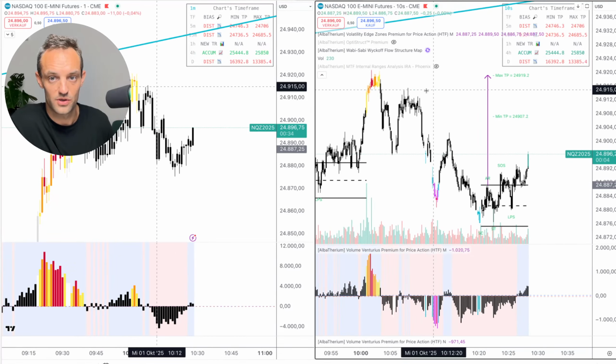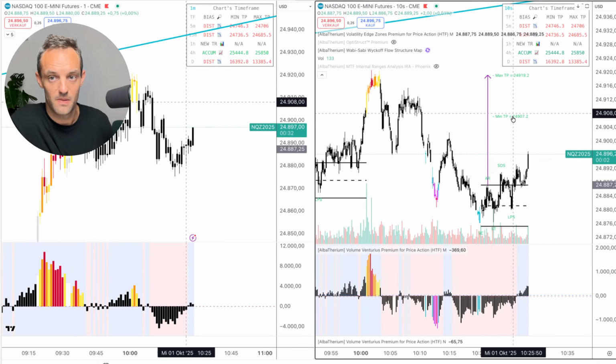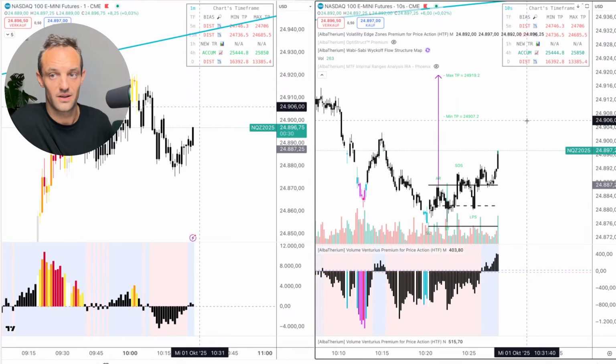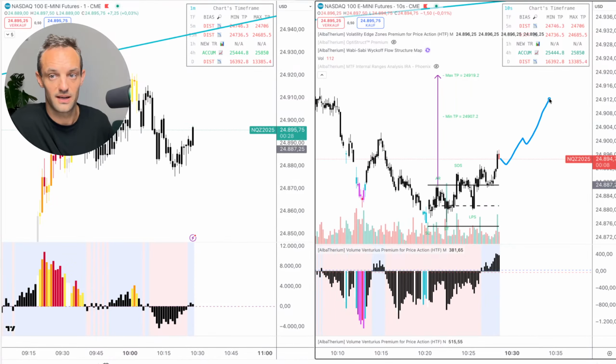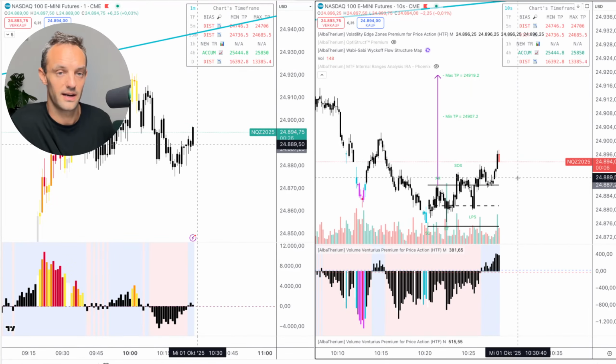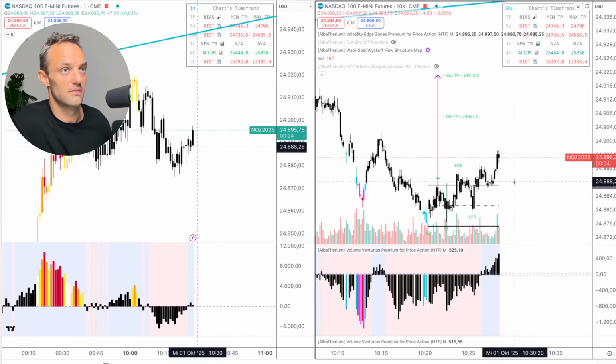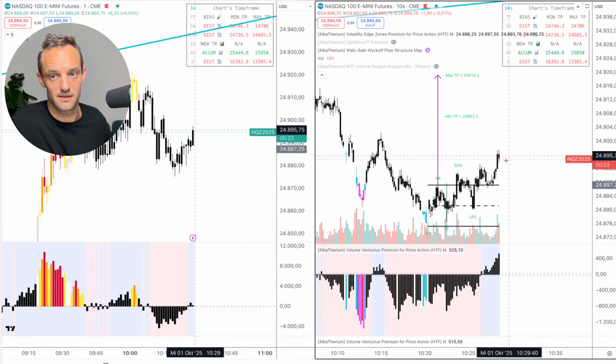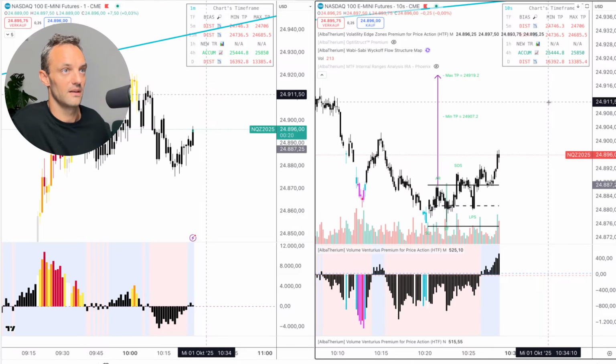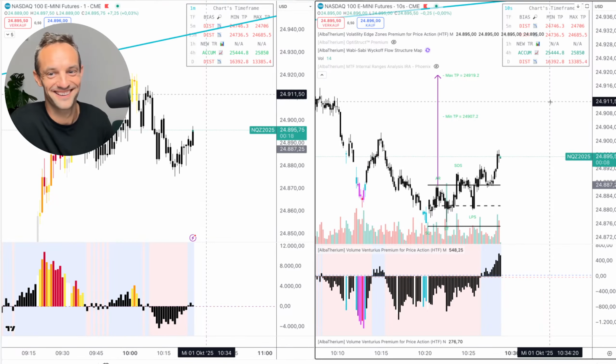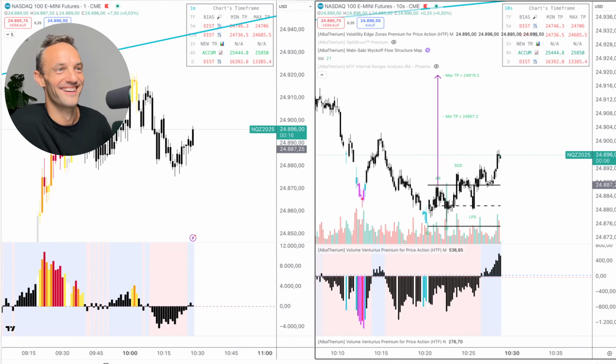Bullish zone, bullish target is at this top, 24,900. I know it's very short targets, but if you trade high leverage futures, this is kind of a lot of money if you trade a lot of contracts. Yes, you just need 10 points.